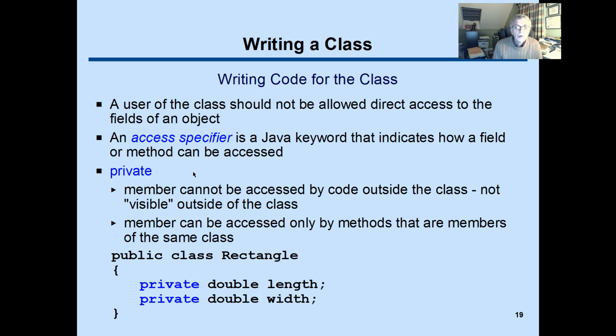So what we'll do is when we create the member methods, the setters and the getters, we'll make those public, but we'll make the attributes or the fields private. This is what is called controlled access. Those things that are public are available to users to interact with instances of the object.